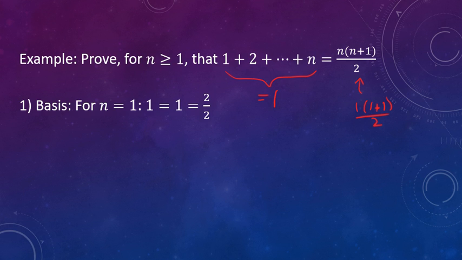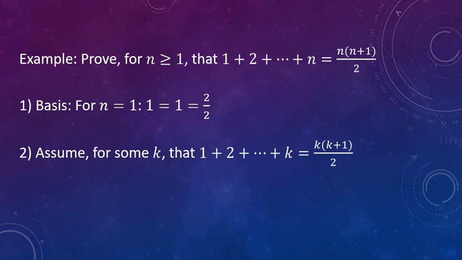This is always just a single sentence. It's always assume that this thing right here is true for some arbitrary whole number k. Now, there's several ways you can write that, but the main thing that you should do is change the letter that's used from n to k.